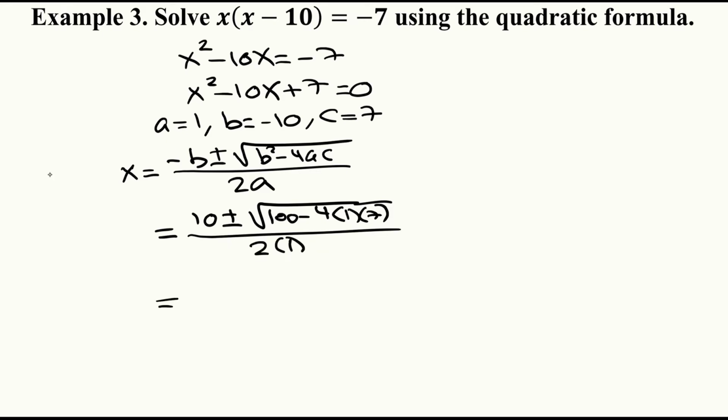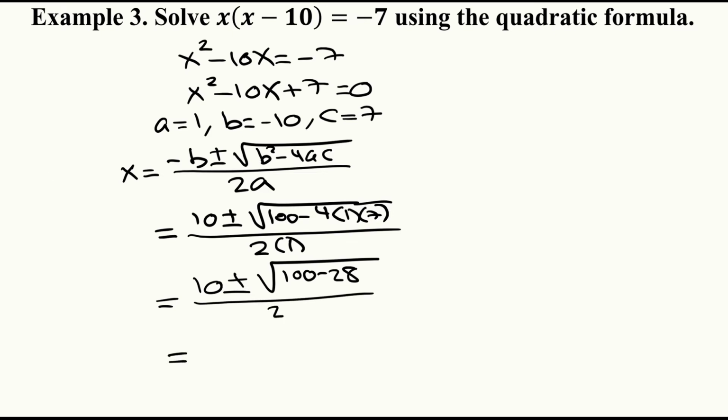So we end up with 10 plus or minus square root of 100 minus 28 over 2.